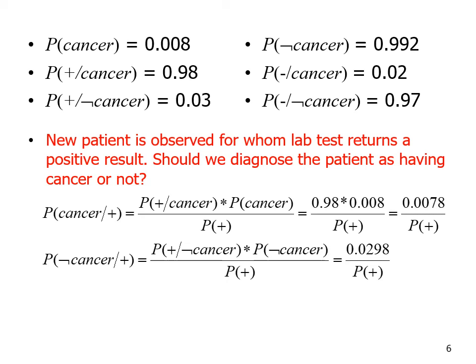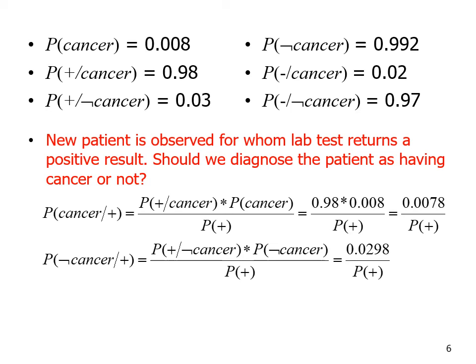Similarly, we can find the probability for the other hypothesis given data, that is probability of no cancer given positive, is equal to probability of positive given no cancer into probability of no cancer divided by probability of positive, which is equal to 0.0298 divided by probability of positive.